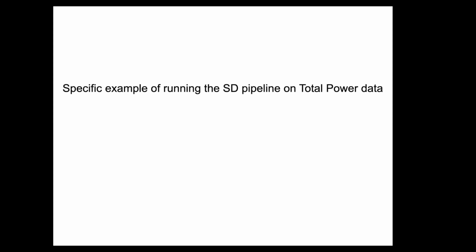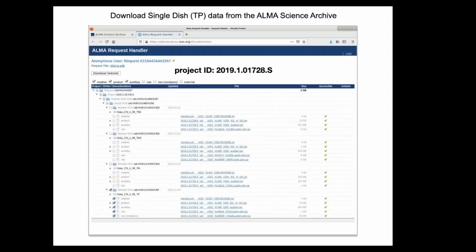So of course, you need a data set, and for this tutorial, we decided to work with a specific project that is not too heavy. It's easy to download and to handle in your system, so that it doesn't take too much space, and it doesn't require heavy computational resources.